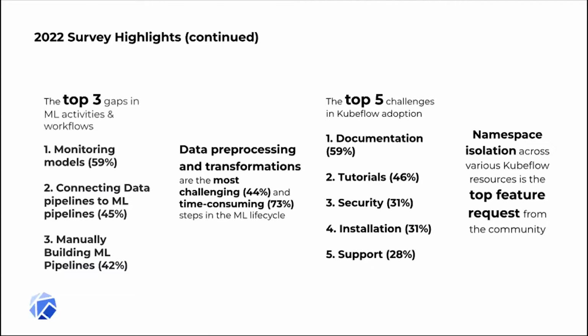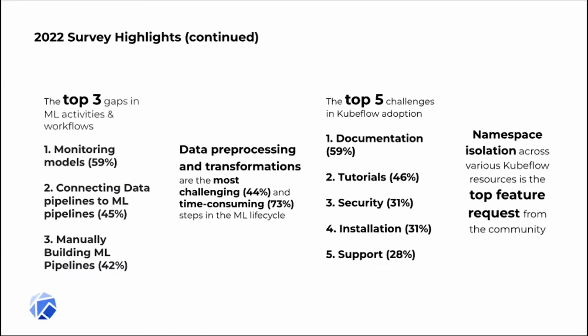When it comes to Kubeflow adoption, the top 5 challenges were documentation, tutorial, security, installation, and support. And the most common feedback and top feature request that we received this year was about the need for namespace isolation across various Kubeflow resources.